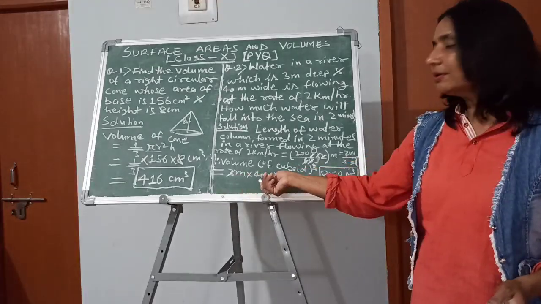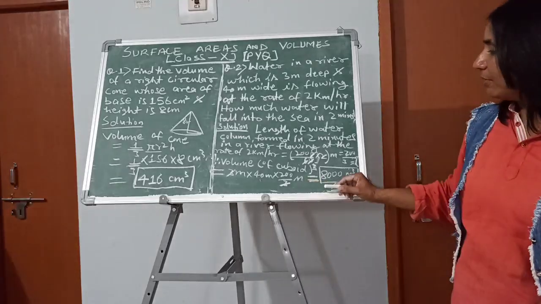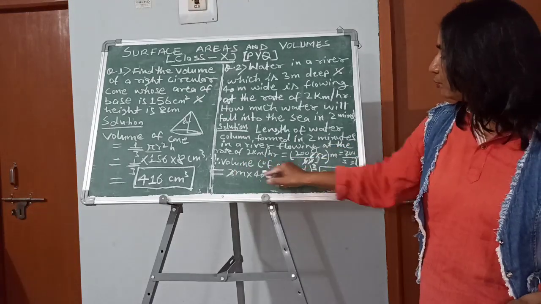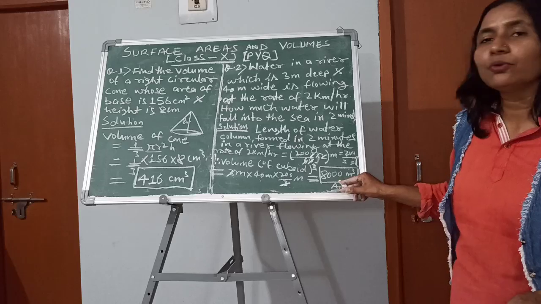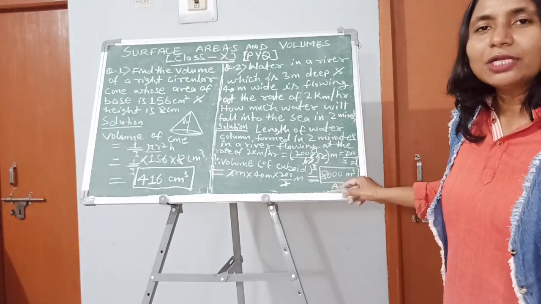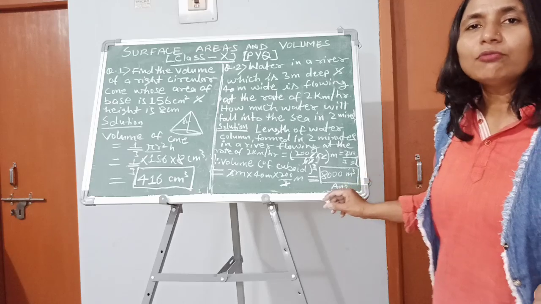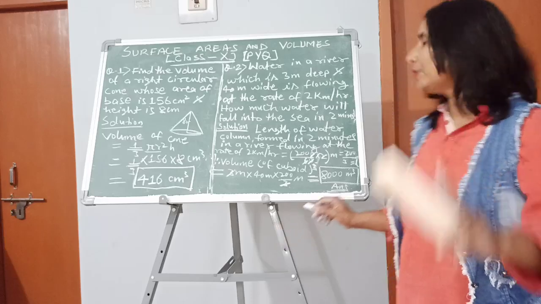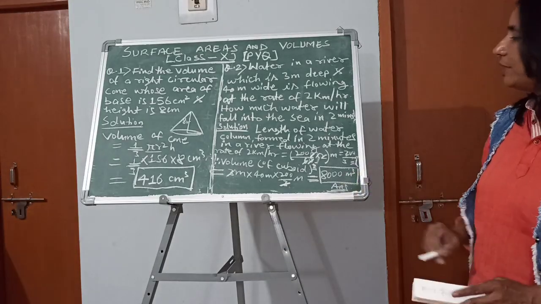This is H, this is B and this is L. So after multiplying, let us see, 3 and 3 will be cancelled out. We will be left with 4 into 2, 8, and 3 times 0. So this is equal to 8000 meter cube. So the required volume of water which will be flowing into the sea in 2 minutes will be equal to 8000 meter cube.